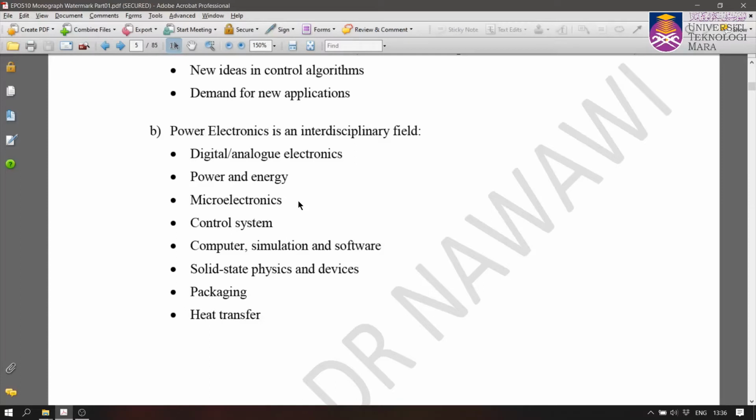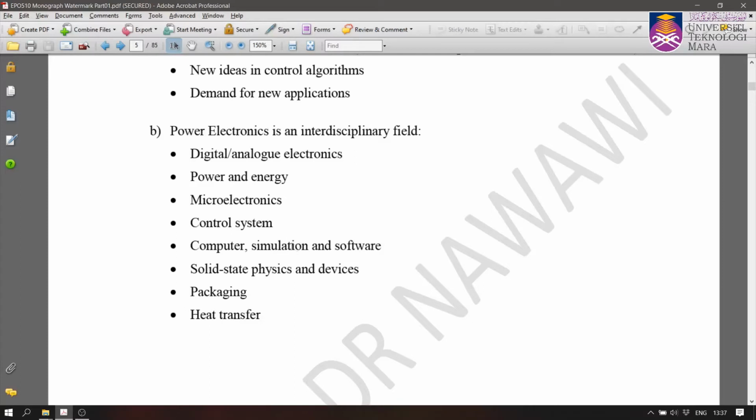In EPO 510, we also have course outcome number 3, whereby we're going to use PSIM. I explained to you yesterday the use of PSIM to simulate the circuits. So this simulation replicates, or gives you some preparation for, the actual hardware implementation.